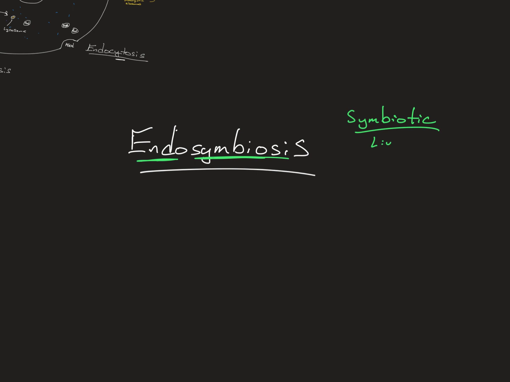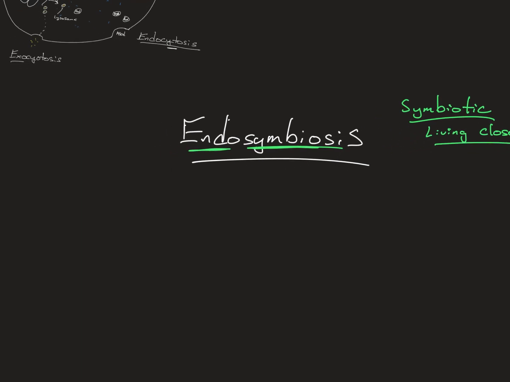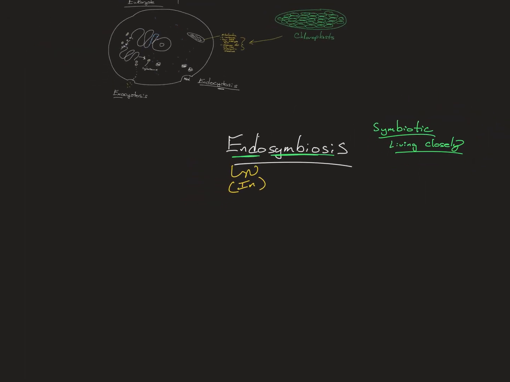Living closely to each other. Endo means in, or enter. Are we good? So this theory explains chloroplasts and photosynthesis.